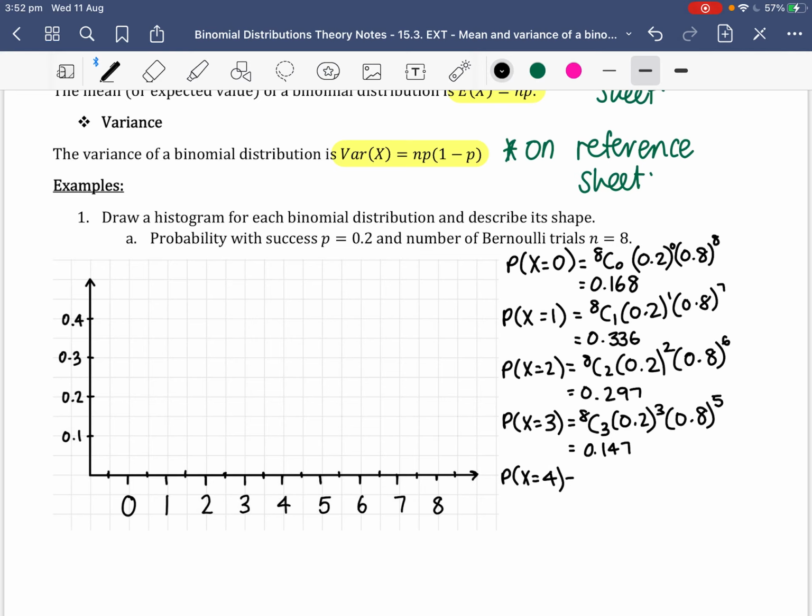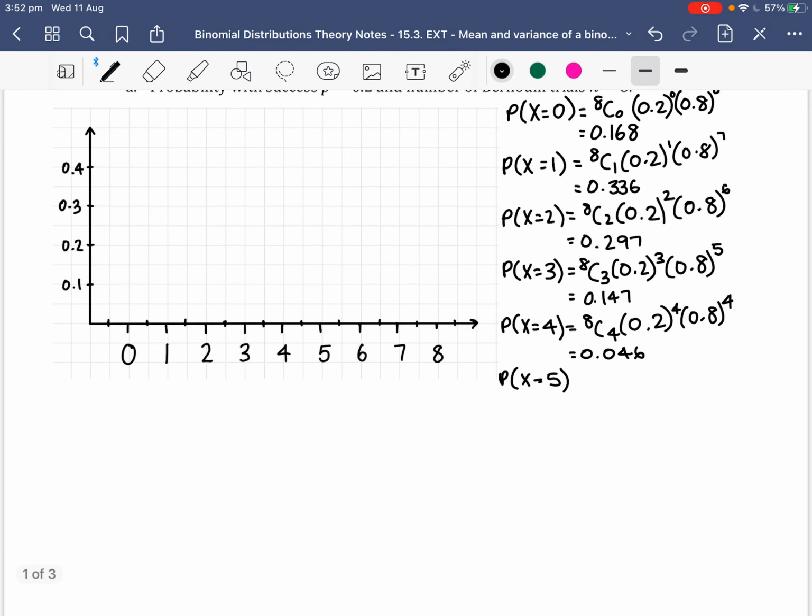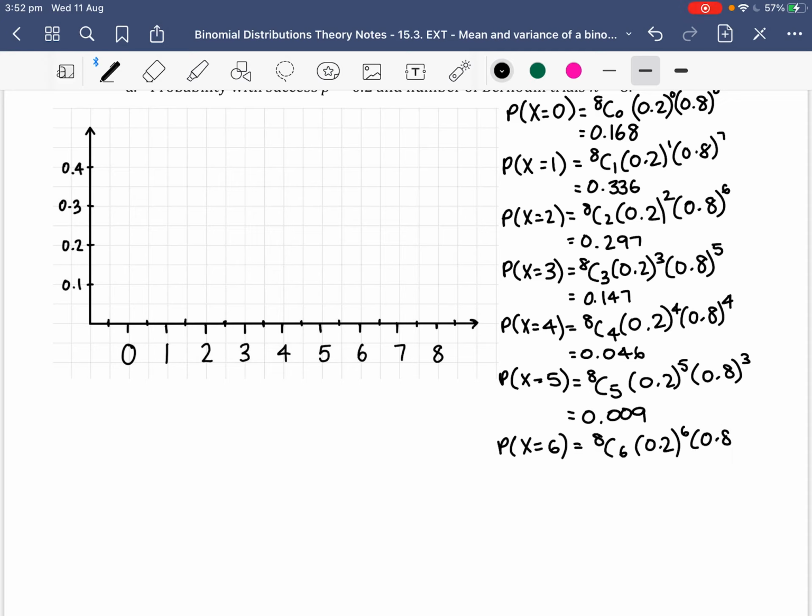The probability that X equals 4 equals 8 choose 4, 0.2 to the power of 4, 0.8 to the power of 4, and this equals 0.046. We then do the probability that X equals 5, which is 8 choose 5, 0.2 to the power of 5, 0.8 to the power of 3, and to 3 decimal places this is 0.009. The probability that X equals 6 equals 8 choose 6, 0.2 to the power of 6, 0.8 to the power of 2, and to 3 decimal places this is 0.001.